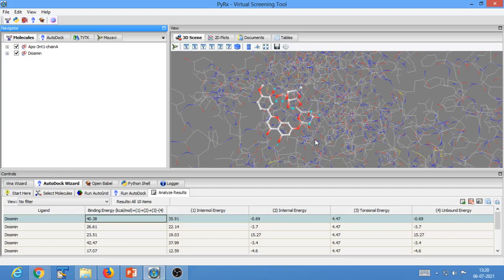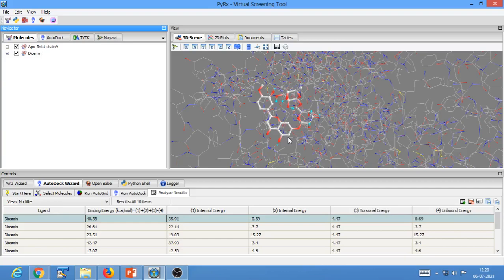As far as the intermolecular energy, internal energy, torsional energy, and unbound energy are concerned, as you can see here, these are components of the binding free energy. The lower the binding free energy, the higher the chances, or you can say the greater the affinity, of that ligand for your protein molecule.